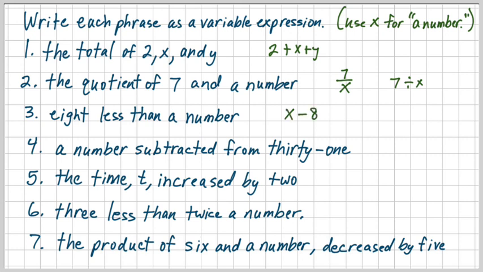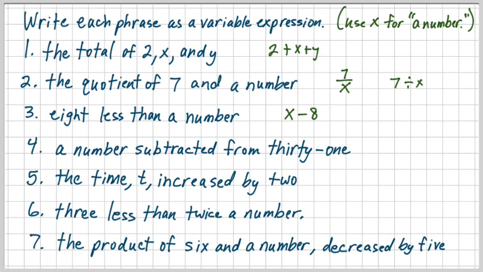Think about this. What's 8 less than 100? Well, that's 92. How did you get it? You started with the 100 and you subtracted off 8. So if you want 8 less than a number, you start with that number, here we're calling it x, and you subtract off 8. So be careful with less than. It's a common one that students get reversed.